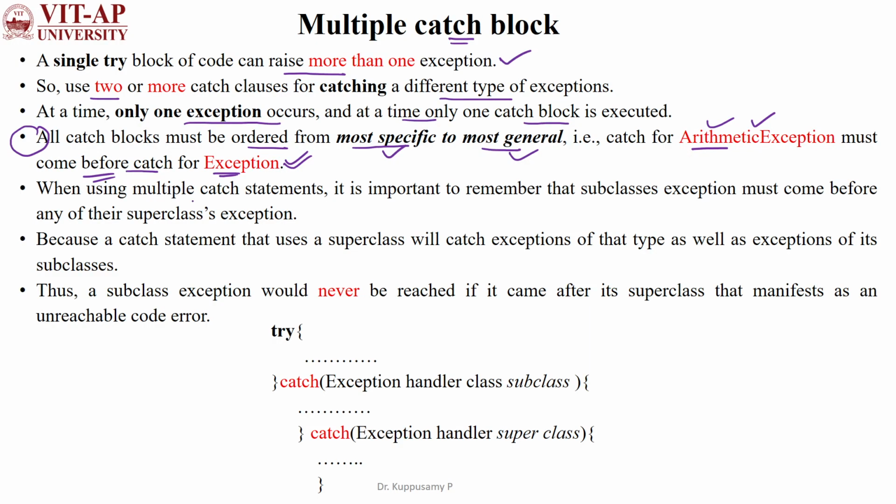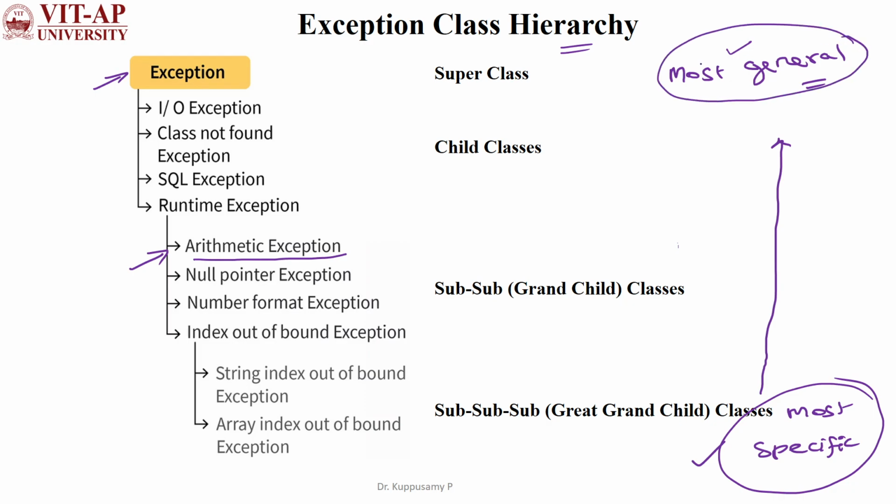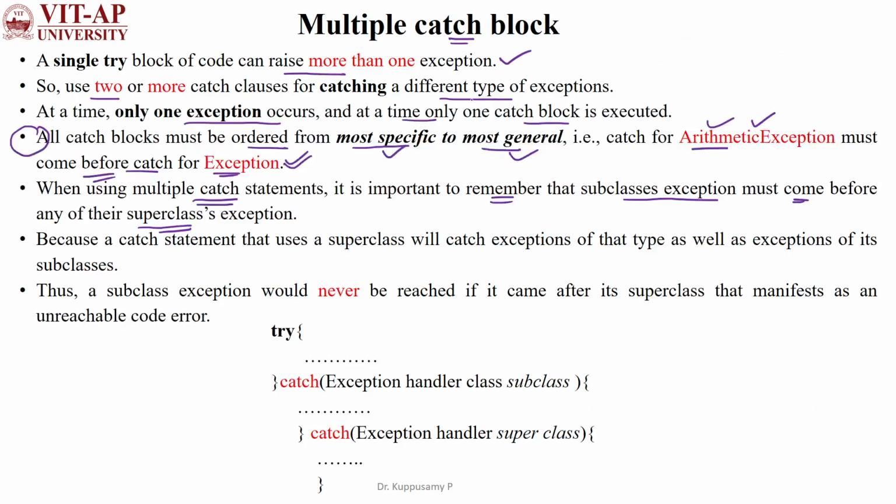When you are using multiple catch statements, it is important to remember that subclass exceptions must come before any of their superclass exceptions. That is, the most specific exceptions, the subclass or child class exceptions, must come before the most general, the superclass exception.